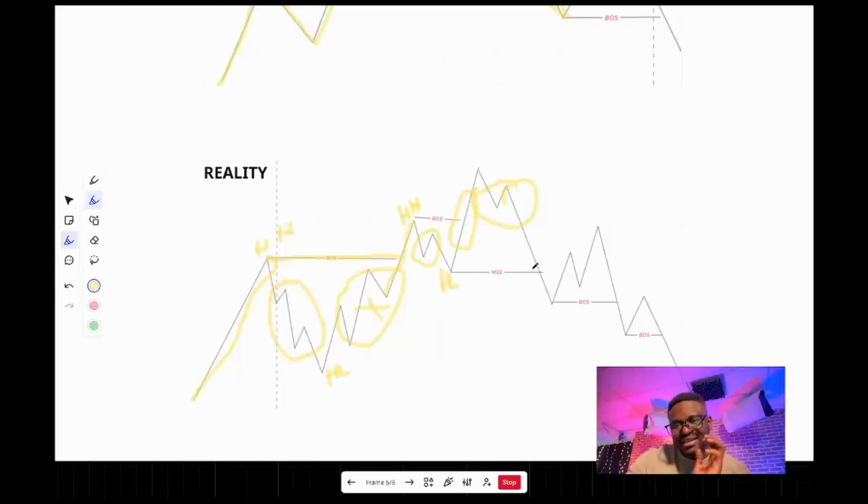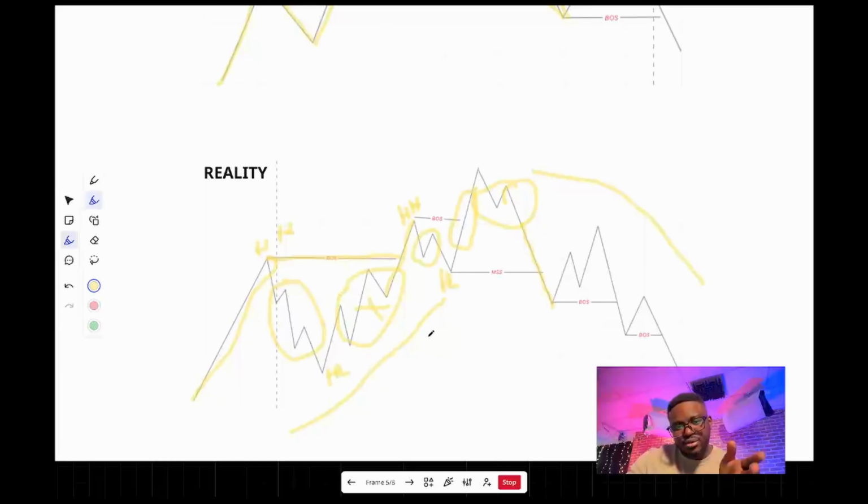And then the next place you want to pay attention to is the market structure shift. Once the candle closes below the last higher low, that's a shift to a bearish trend. That's a market structure shift for me. Don't confuse it. This is a bullish trend. This is a bearish trend.